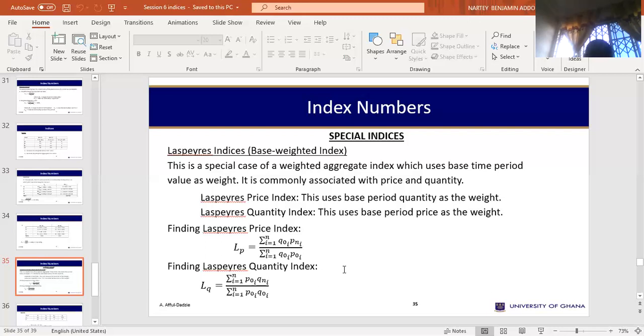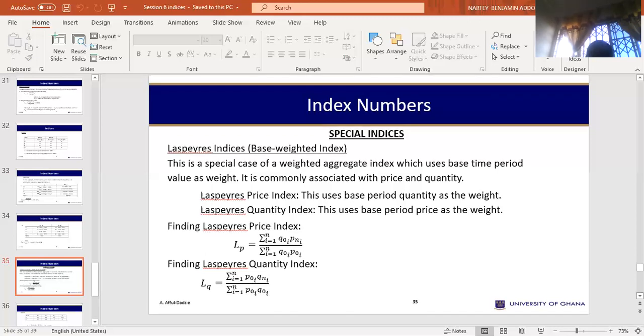You see, because the base year is fixed, it may be obsolete, and then it will render the index number unrealistic.